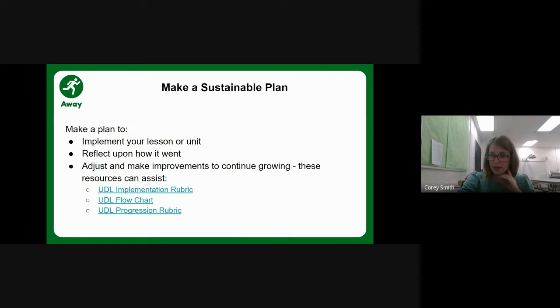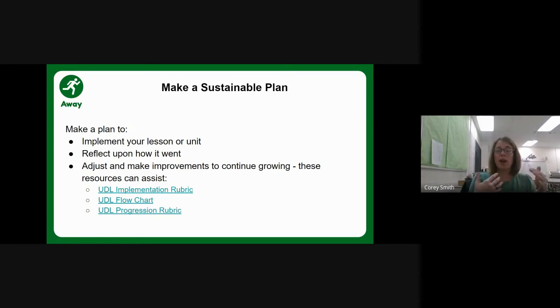Someone did ask in the question and answer about a gentle release of UDL without overwhelming this shift. These rubrics and flowcharts can help with that because they give you a starting point. My best advice is that you can't do it all, and you can't do it all well at once. You have to start and pick just one small thing.